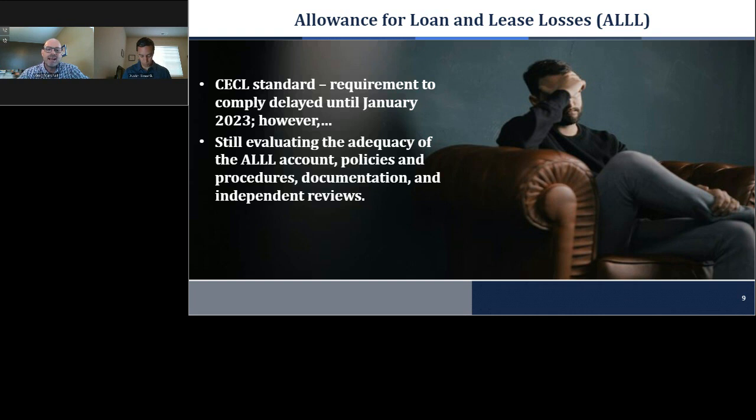Number 2, any documentation that supports the methodology, inclusive of any assumptions that you use and, of course, any qualitative factor adjustments that you're using, and adherence to generally accepted accounting principles. And then the 4th thing they'll be looking at is any independent reviews that you've had by the supervisory committee or by an internal or external auditor. So that's where we're standing in terms of an allowance account priority.